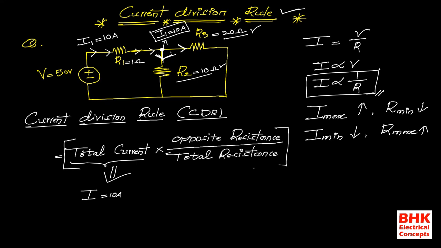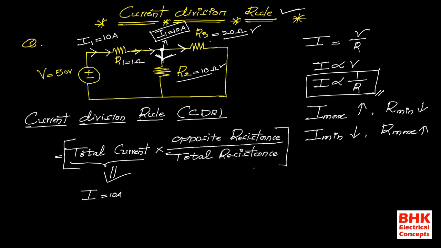Just see here, only after this junction point is the current dividing, but before this junction point the current is not dividing. It means the current flowing through R1 is maximum. That is why we are not considering R1 here. But coming to R2 and R3, after this junction point we have two branches, and in those two branches we have R2 and R3. That is why we are only considering R2 and R3.